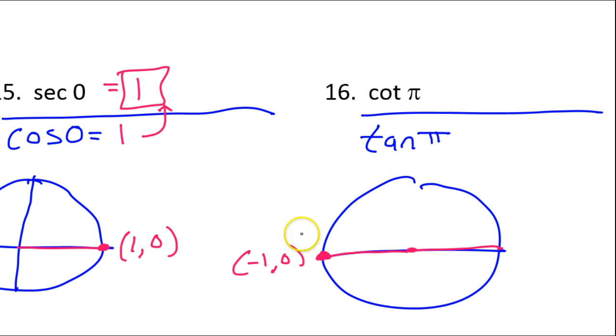Now tangent is sine over cosine. So tangent is going to be 0 over -1. That means the cotangent, which is the reciprocal of this, is going to equal -1 over 0, which is, of course, undefined.